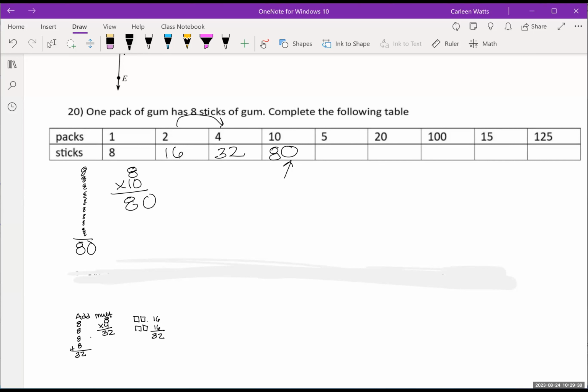Now, a shortcut is if you have 1. Does anyone see a shortcut? We know that multiplying by 10, could we say add a 0?